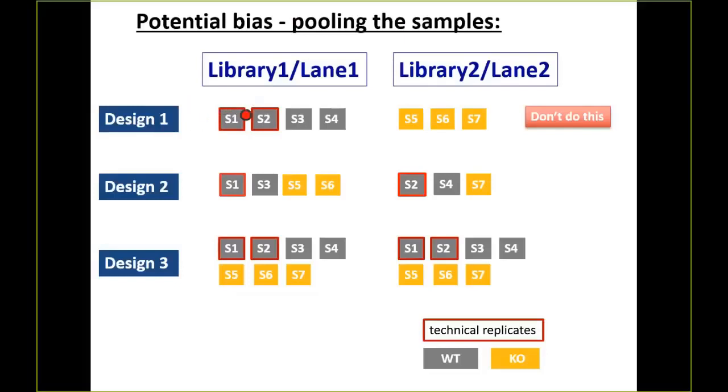The first mouse is going to generate both of these two samples, sample 1 and sample 2. They're both going to be generated, and barcoded slightly differently. Samples 3, 4, 5, 6, and 7 each come from one mouse. They're also going to be, at least within one lane, barcoded differently. Sample 5 here may have the same barcode as sample 1, but since they're on different lanes, it doesn't matter.